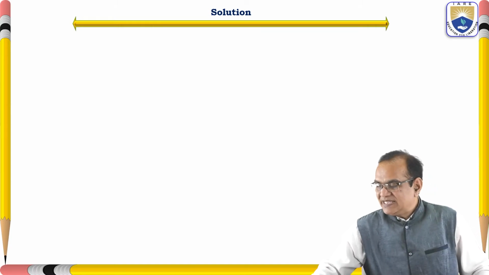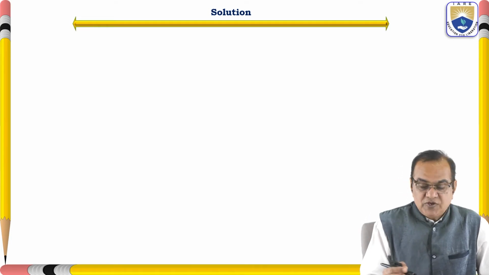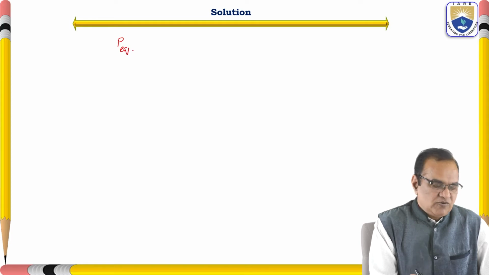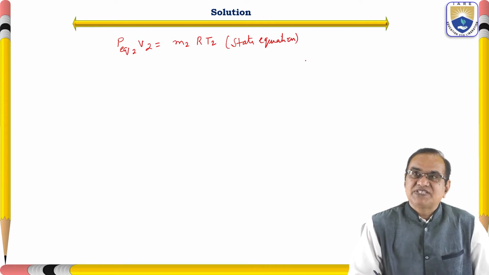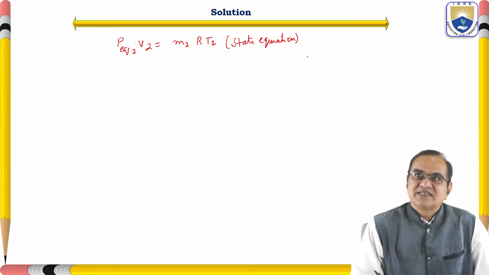Now let's see how we can go about it. We know from the state equation that P equilibrium 2 into volume 2 is equal to M2 R T2, because we want to find out the mass. And for low pressure and high temperature, we can consider the air to be an ideal gas.